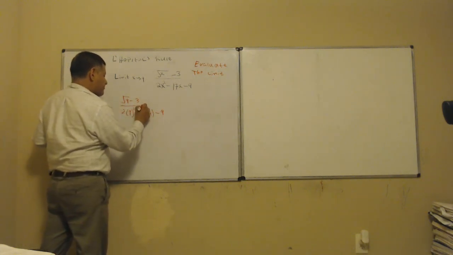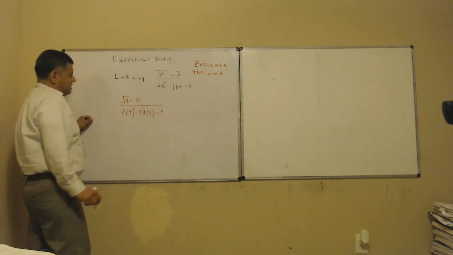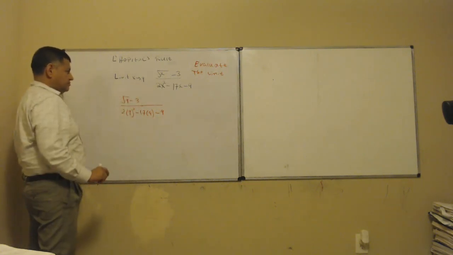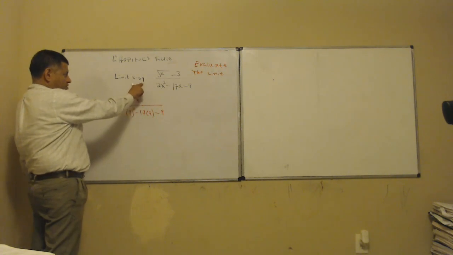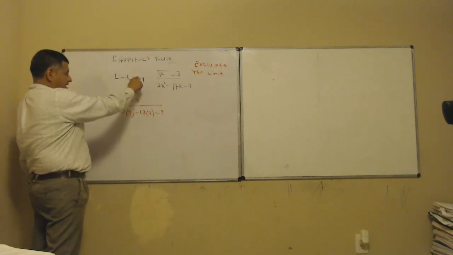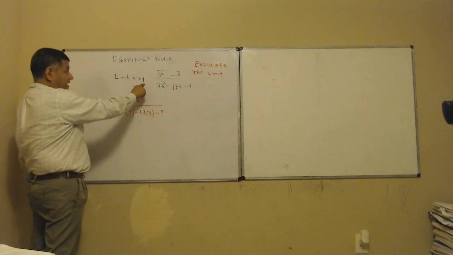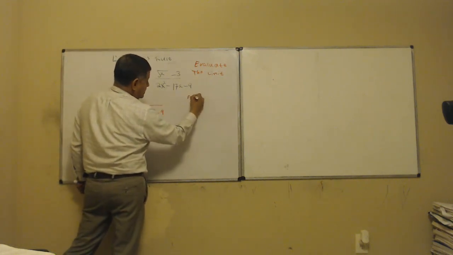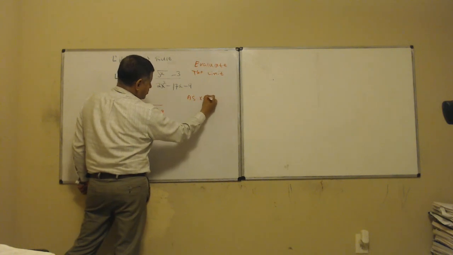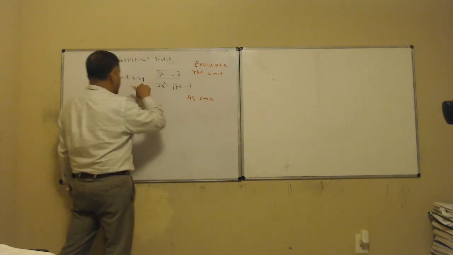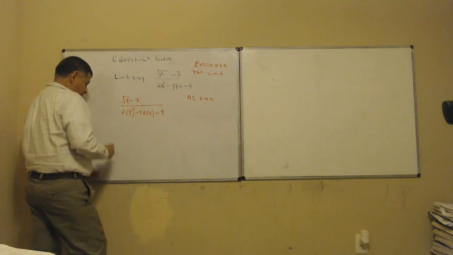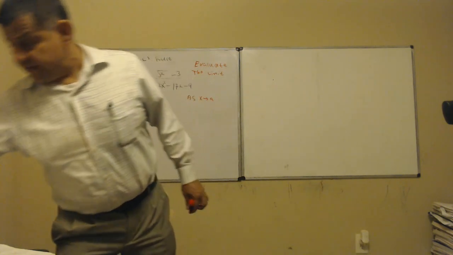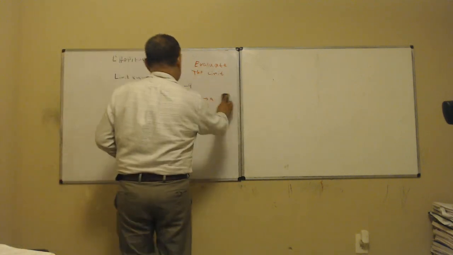So now we evaluate this as x approaches 9. In other words, a represents 9, so as x approaches a. I'm just doing a little review of what we did last time, but that's not a big deal.